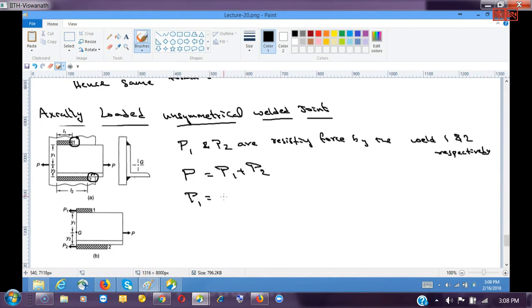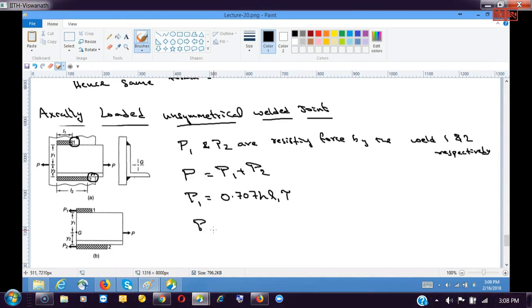Even though it may be transverse, we discussed that we can directly make use of the same equations. P1 is 0.707 H L1 times the shear strength. Similarly, P2 is 0.707 H L2 tau, where this is L2 and that is L1.